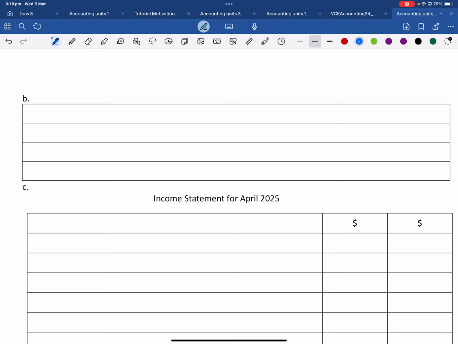Period cost. Why? Because it cannot be allocated. You don't have to say that part, that there were 2 inventory items or 3, whatever.